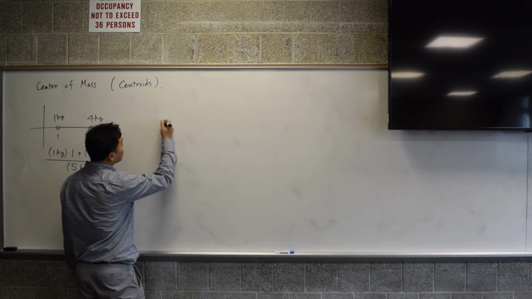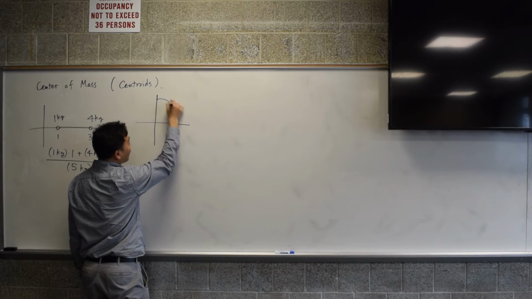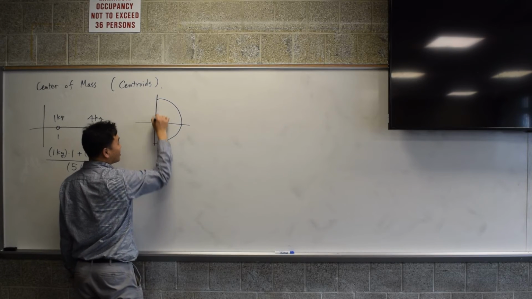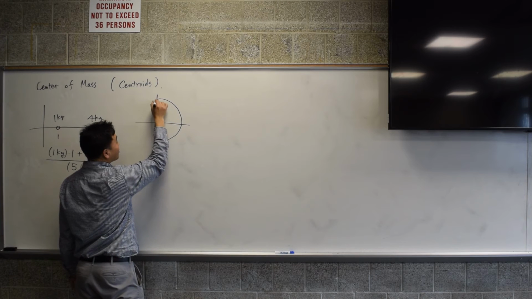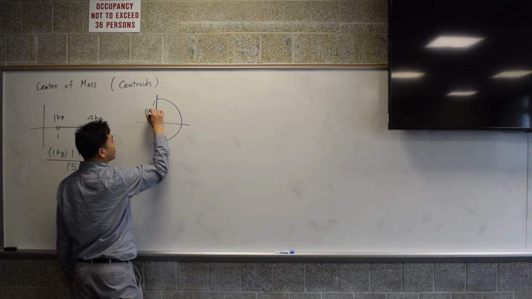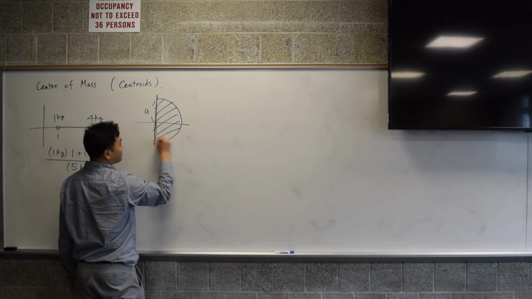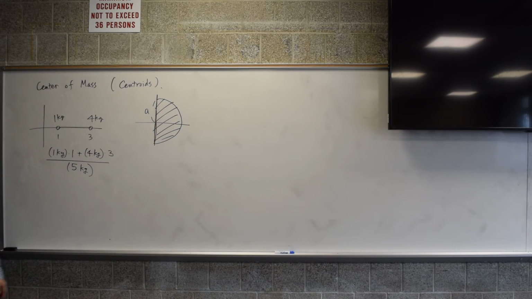Suppose you have a half disk of radius A. So this length here is A. This length is A. So it's a half disk. How are we going to calculate the center of mass? That's the question. There's a formula.